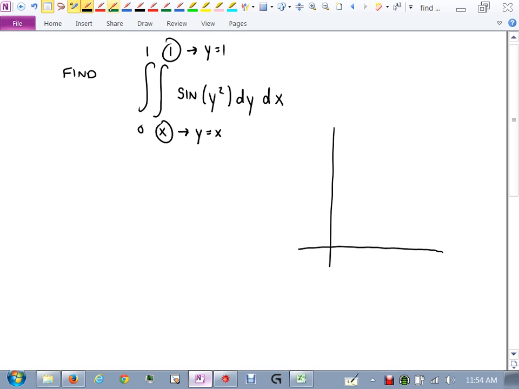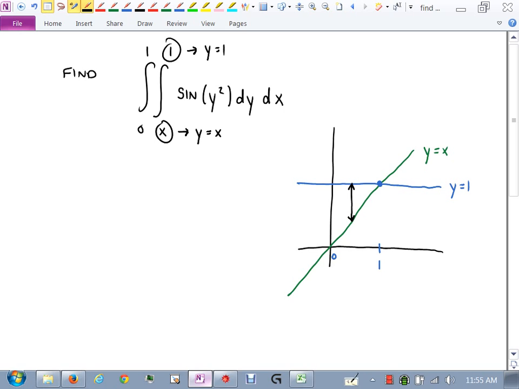So let's graph those. y equals x looks like this, and y equals 1 looks like this. And we're integrating from 0 to 1 here, right? And we're doing it as a type 1 region in this particular double integral, aren't we? Yes?